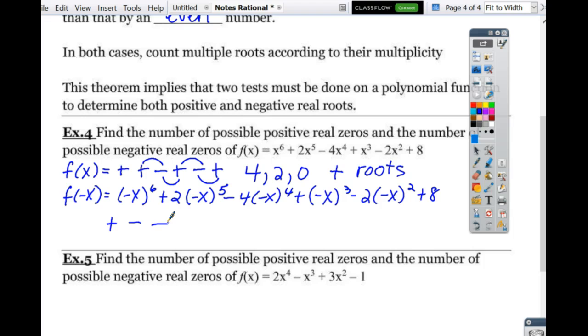Negative, positive, negative, positive. So this one is negative, because it's positive times a negative. And the last one is positive because there's no x, so it doesn't change.